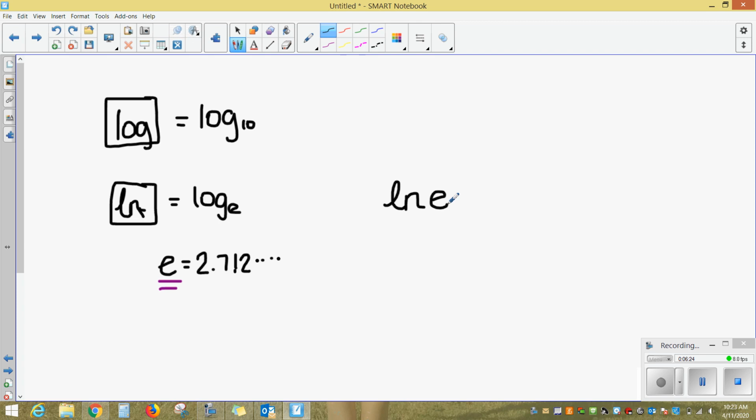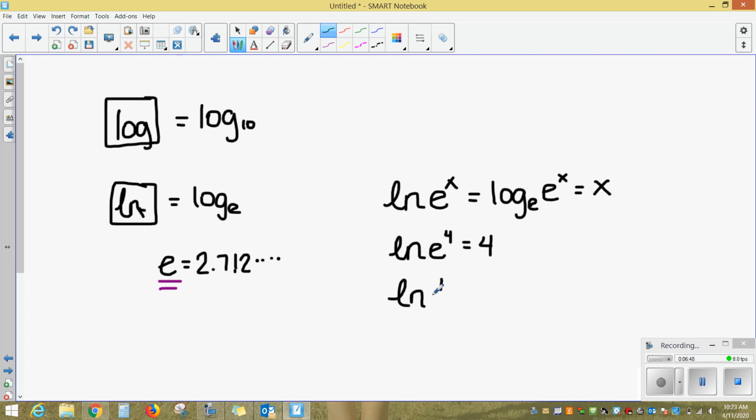So if you see things like natural log of e to the x on your paper, understand that ln means log base e, and so that looks like the problems we were just doing. If the bases match, all that's left is the x. So natural log of e to the fourth is going to be 4. Natural log of 1 over e, because 1 over e is e to the negative 1, is negative 1, and so on.